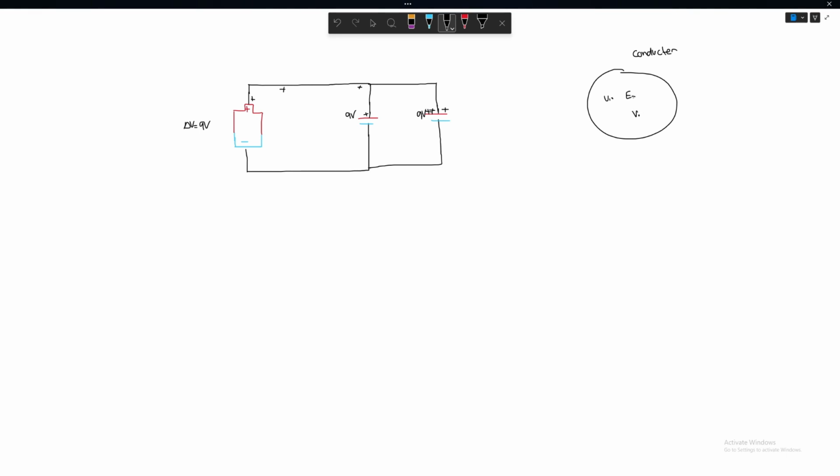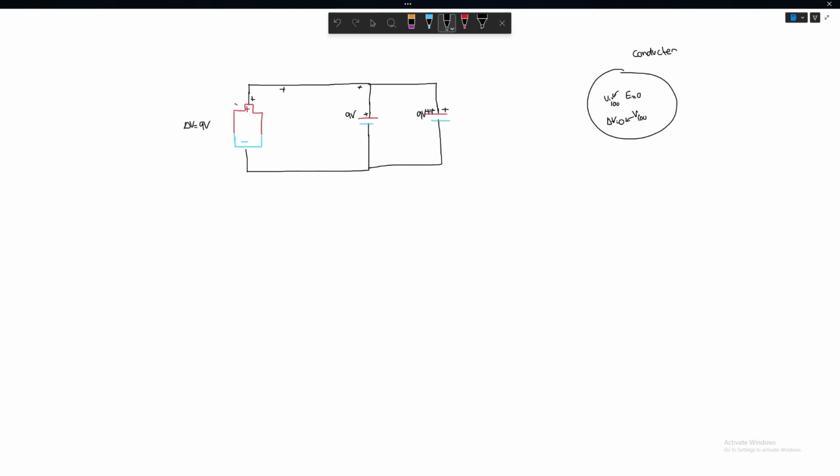My E is 0 in a conductor, and my potential difference is 0 because the electrical potential between 2 points is the exact same. So when I say this is 100, that means this is also 100, and 100 minus 100 is 0. That's why you get a 0 here. So that's a trait of conductors.